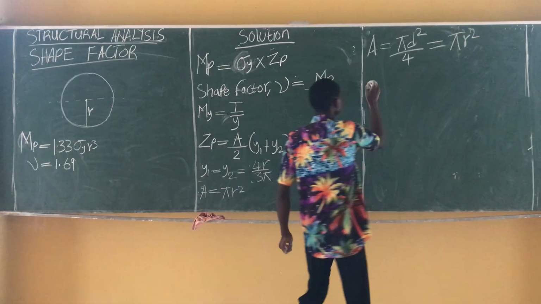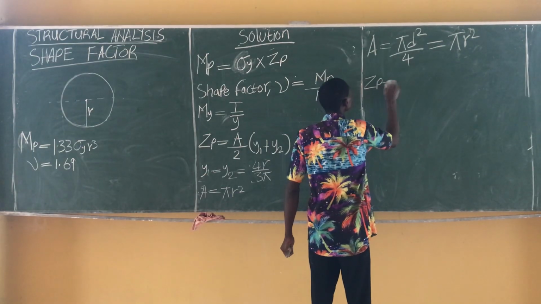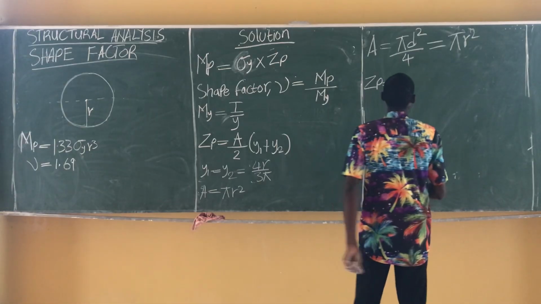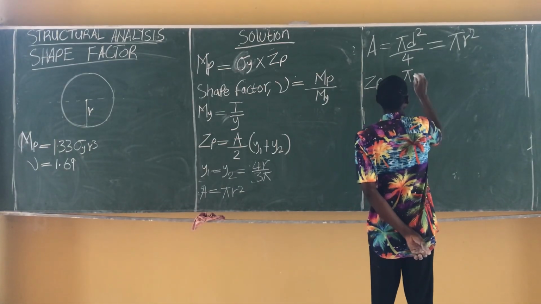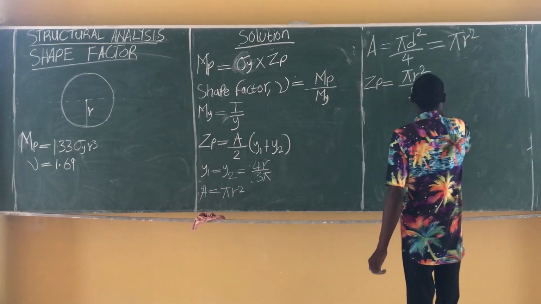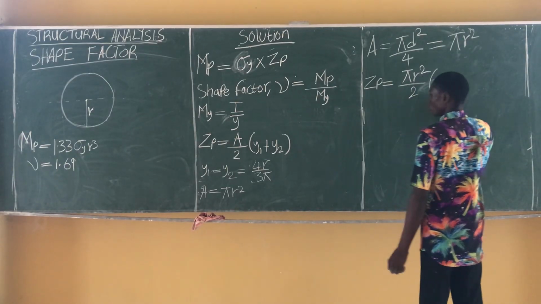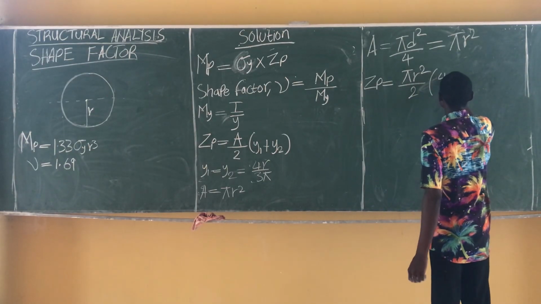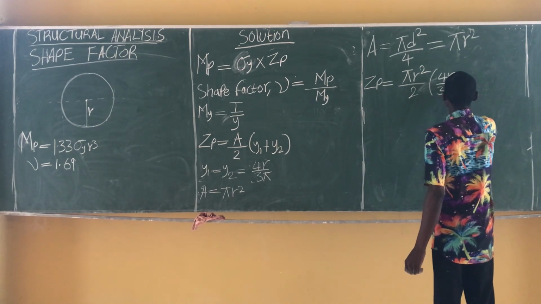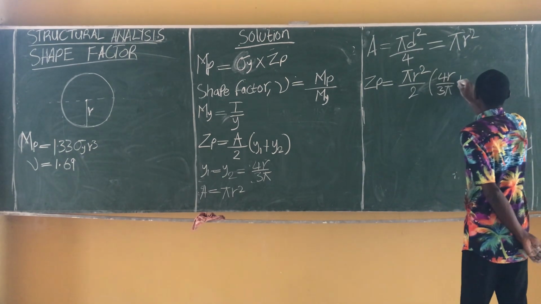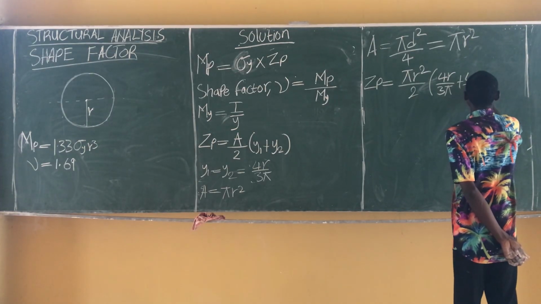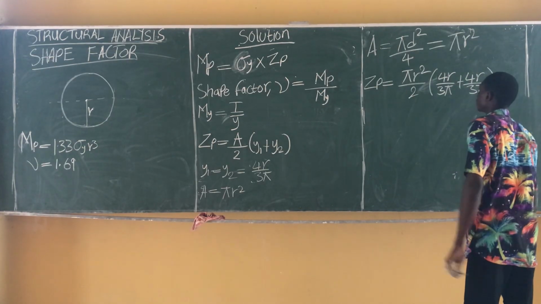So our plastic section modulus ZP is simply equal to A all over 2, and our A is pi r square all over 2, into y1, which is 4r all over 3 pi, plus 4r all over 3 pi.